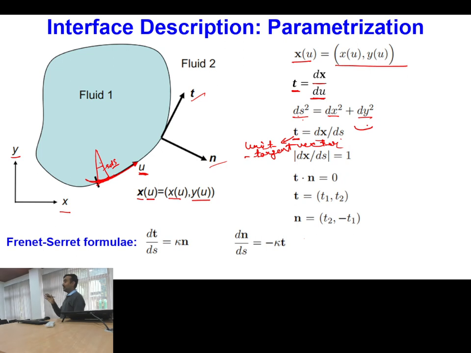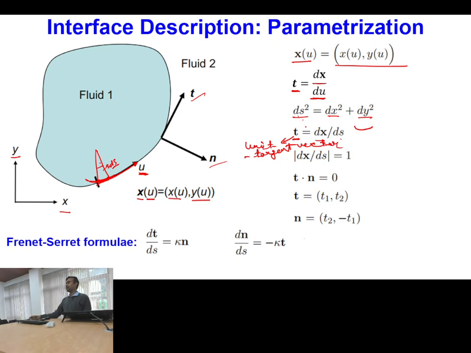If you have to see the entire derivation, that how dx by ds or dx by du becomes a unit tangent vector, you can refer to your book, Direct Numerical Simulations of Multiphase Flow. In that particular book, if you refer to the appendix section, there they have given the full mathematical derivation of how the unit tangent vector can be written as dx by ds. So that derivation I am not doing at the moment.